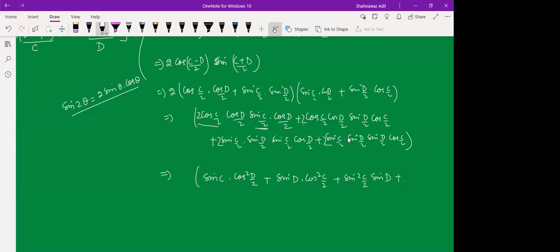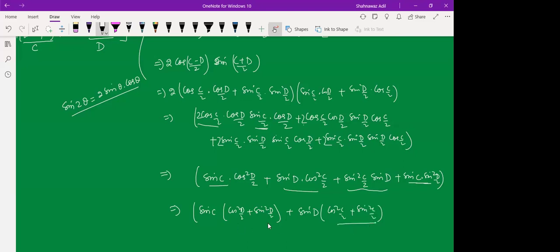Plus we have 2 sin(C/2) cos(C/2), so that is sin C, and then sin(D/2) sin(D/2) is sin²(D/2). So if we take sin C common, this would be cos²(D/2) plus sin²(D/2). If we take sin D common, that would be cos²(C/2) plus sin²(C/2).